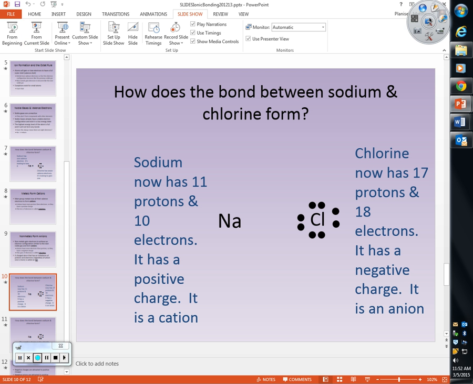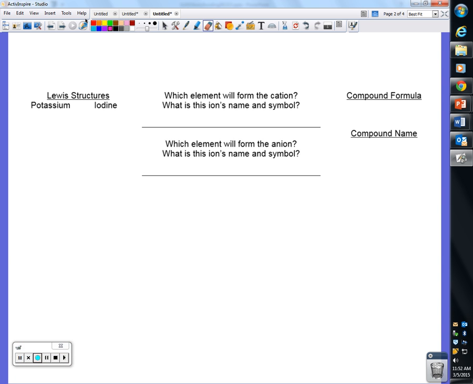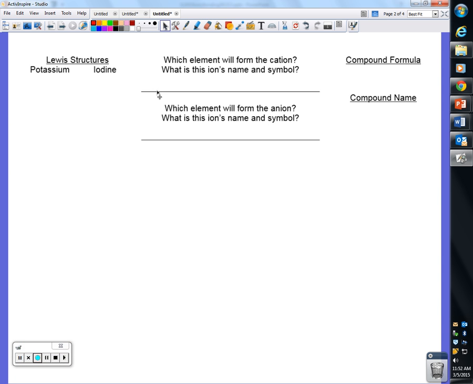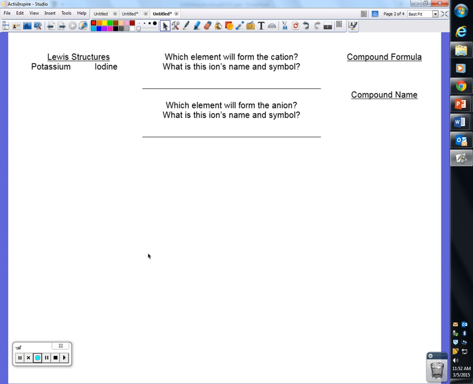We are going to start with the example of bonding between potassium and iodine. So first, let's start off with Lewis structures. In order to draw a Lewis structure, we need to know how many what about an atom?